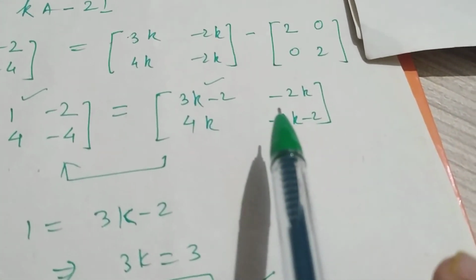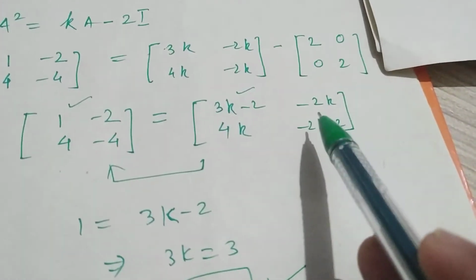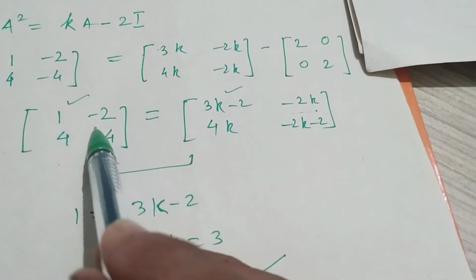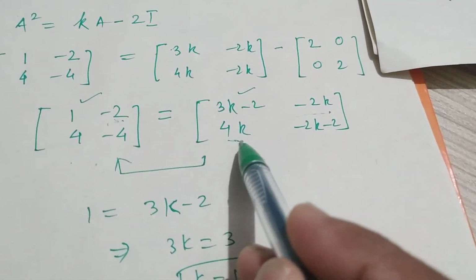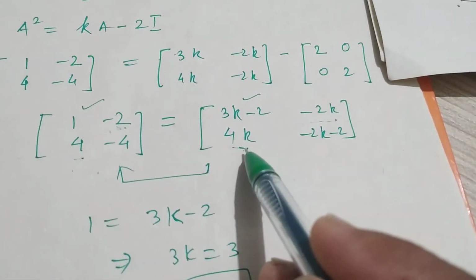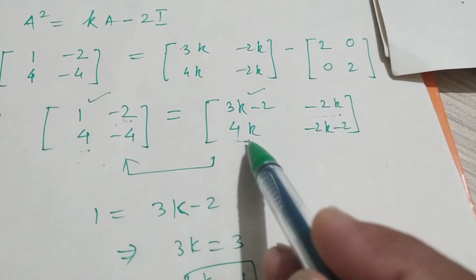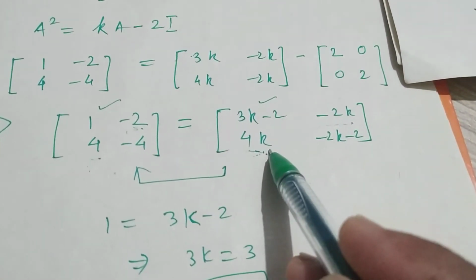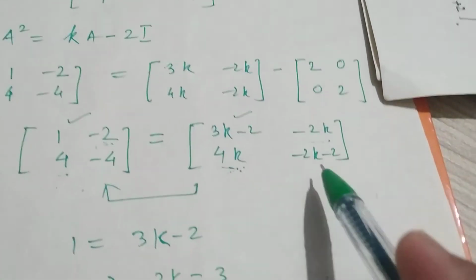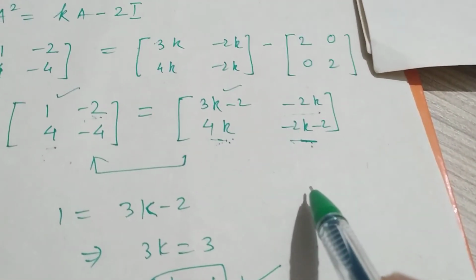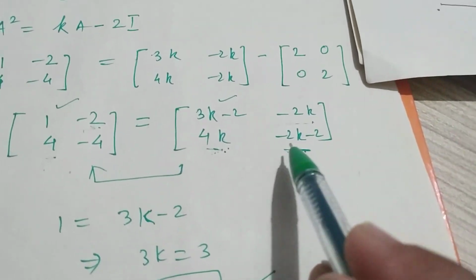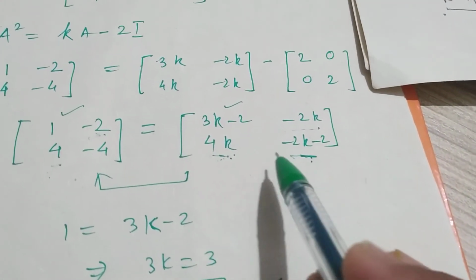You can equate any entry. If you equate minus 2k to minus 2, still you will get k equal to 1. If you equate 4k to 4, definitely k should be equal to 1. Sometimes certain questions ask what are the possible values of k.